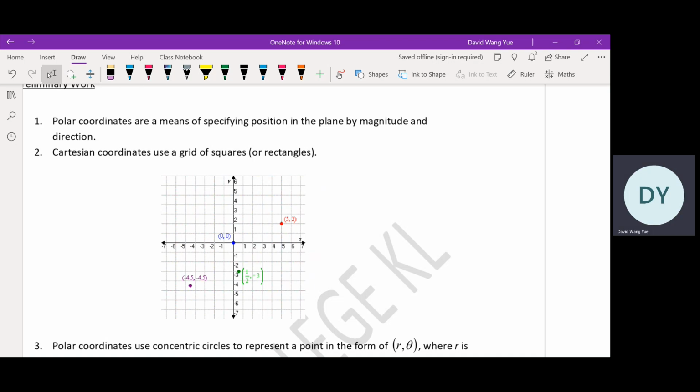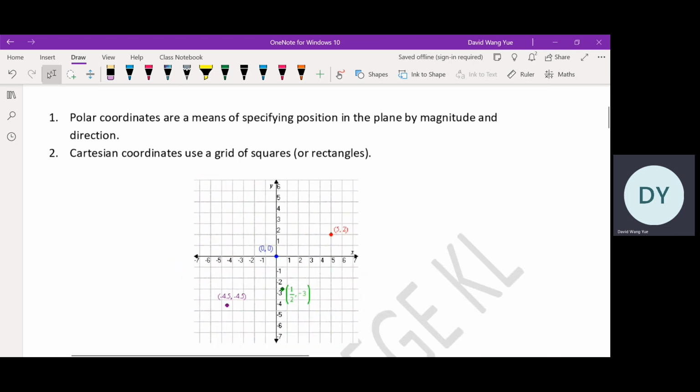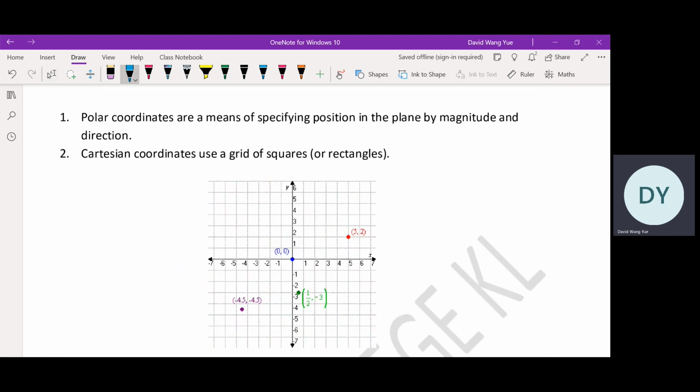Before polar coordinates, what you learned is called Cartesian coordinates, also called rectangular coordinates. Okay, so the one with x coordinate and y coordinate is called rectangular coordinates.